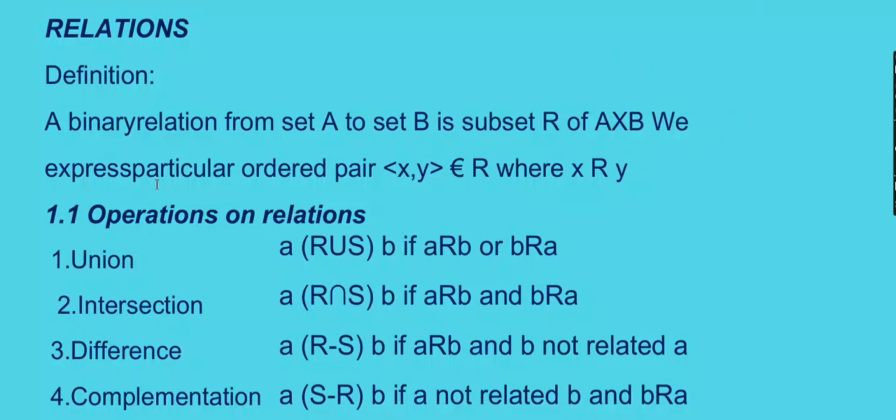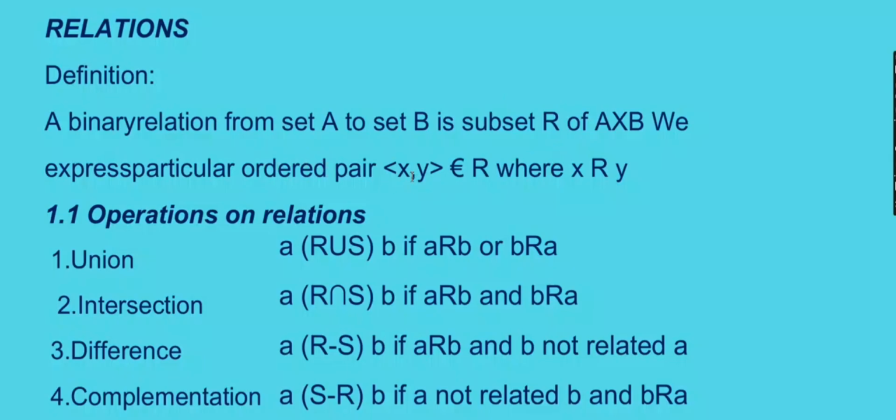A relation is nothing but setting up a connectivity between the values present in one set and the values present in another set by using a Cartesian product, which is A cross B. Then we express those related values using ordered pairs.